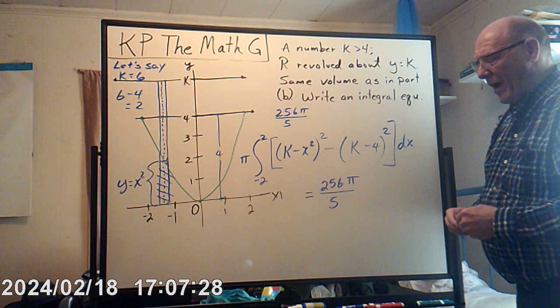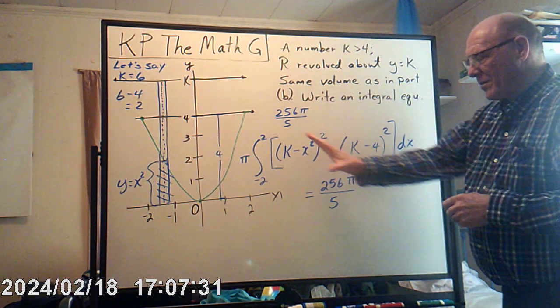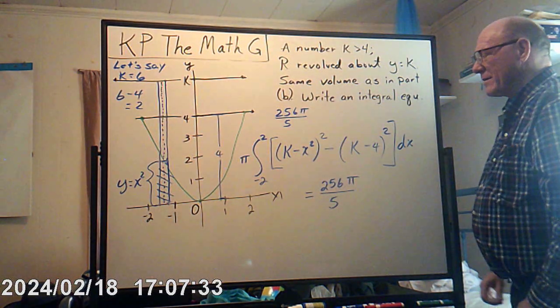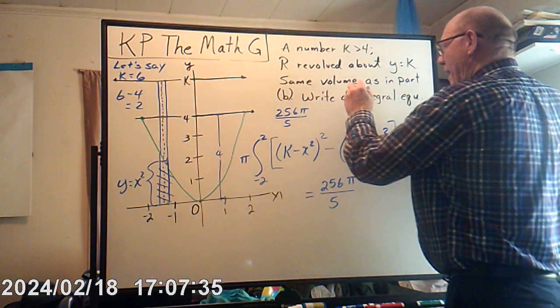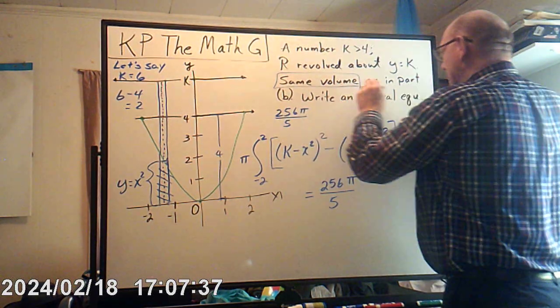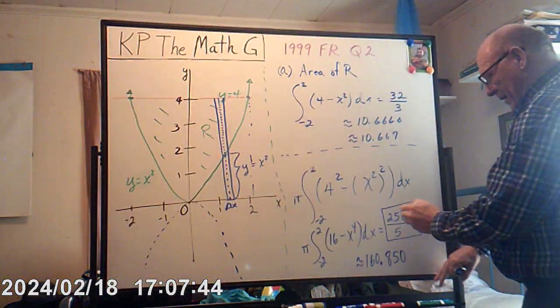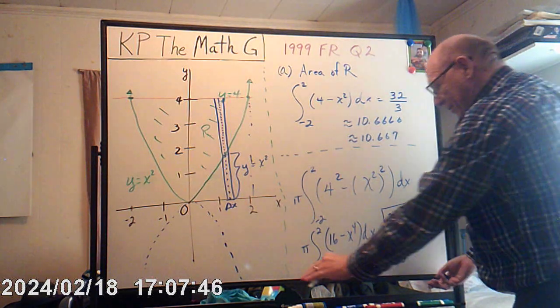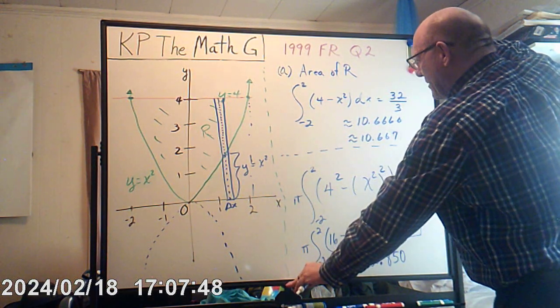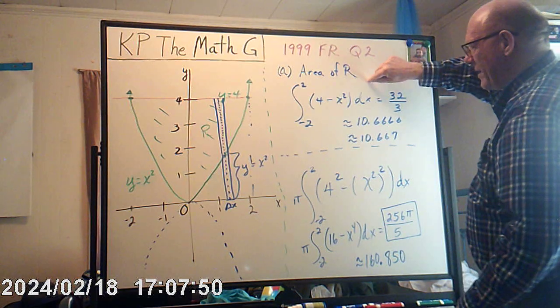And that is how you set this up. You got to look. It has the same volume as in part B. Well, in part B, we found that volume to be 256 pi over 5. So there it is.